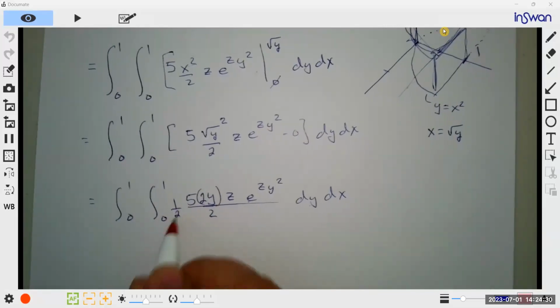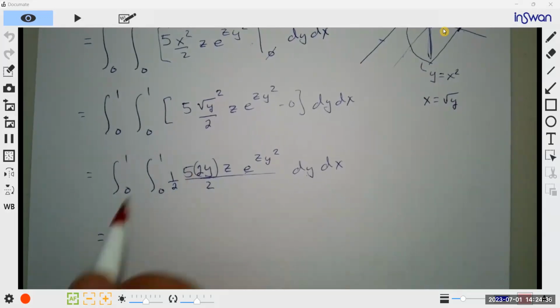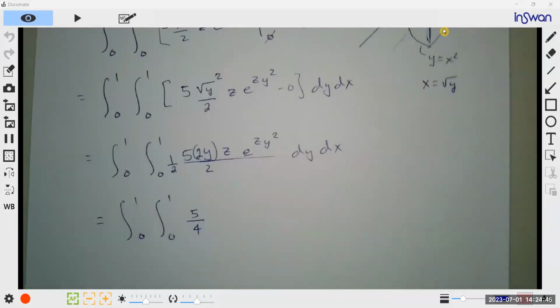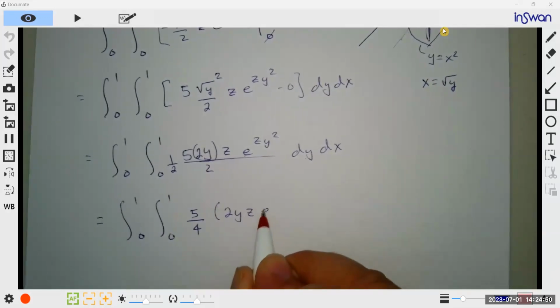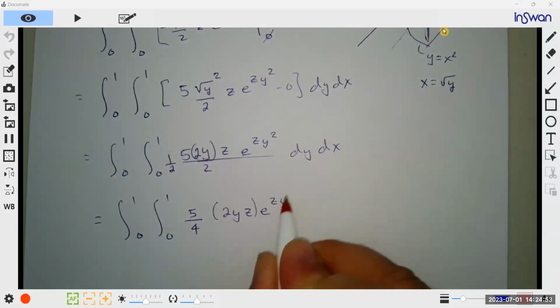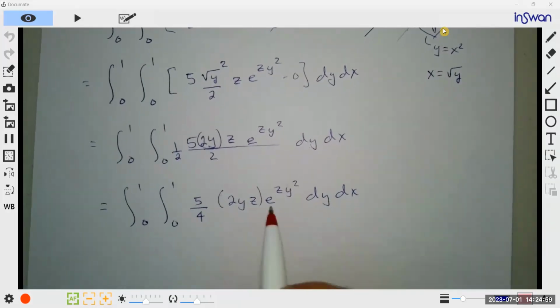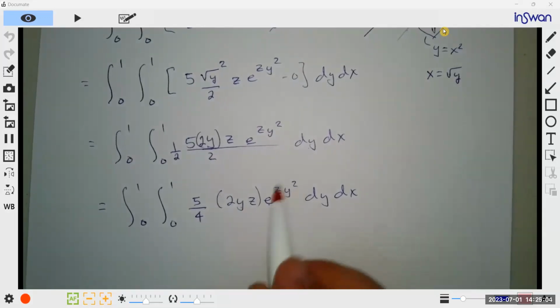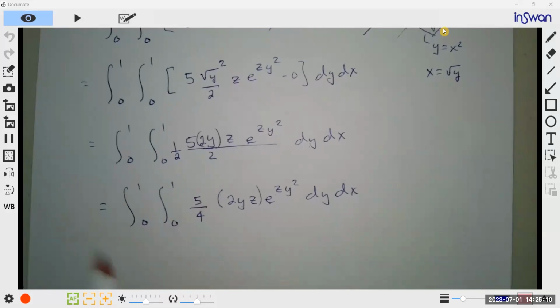That means I can put a 1/2 out in front. Now we have the e to the u du, and the derivative of that is 2yz. This is a constant, so we can pull it all the way out in front.